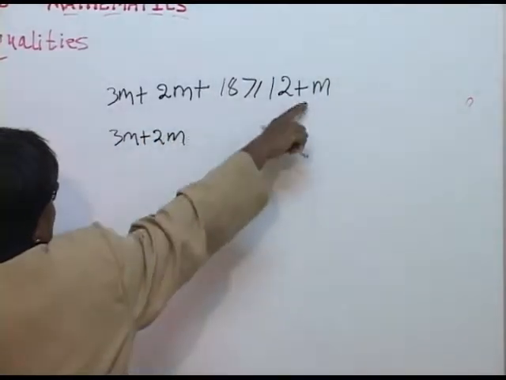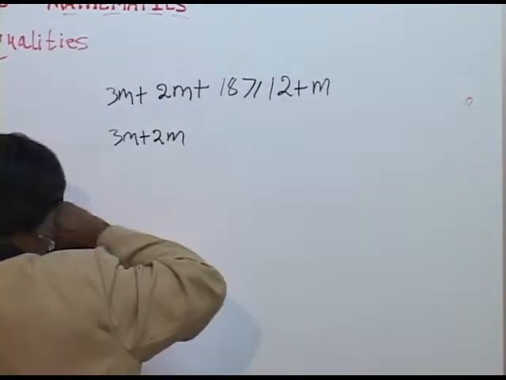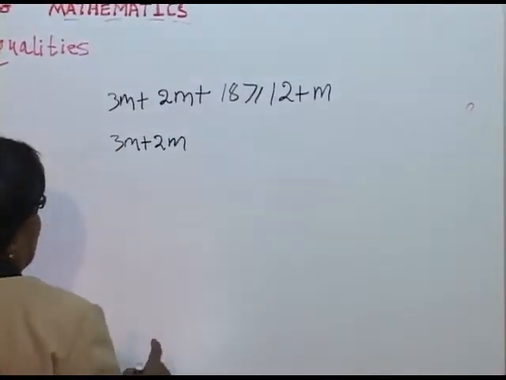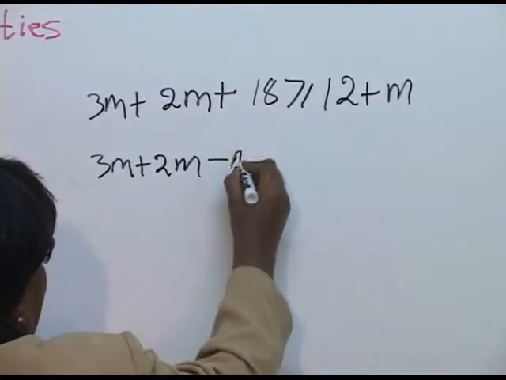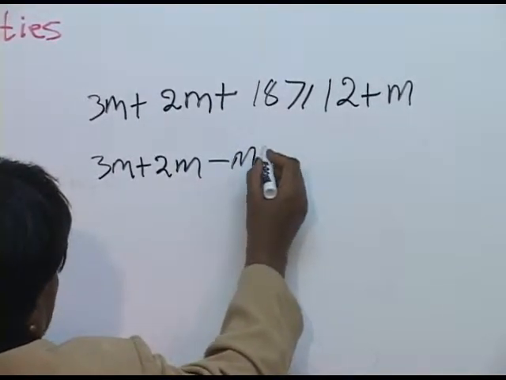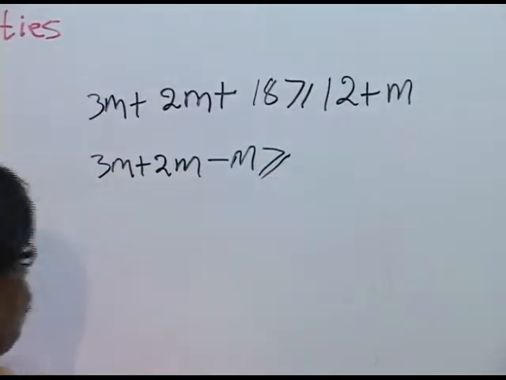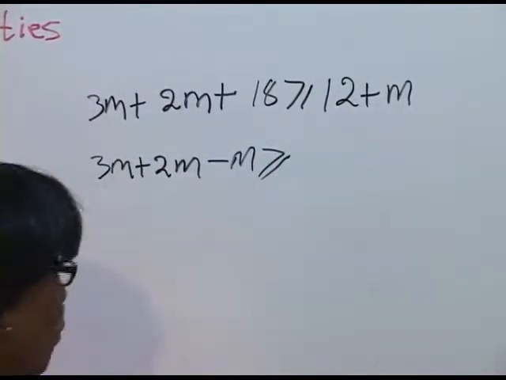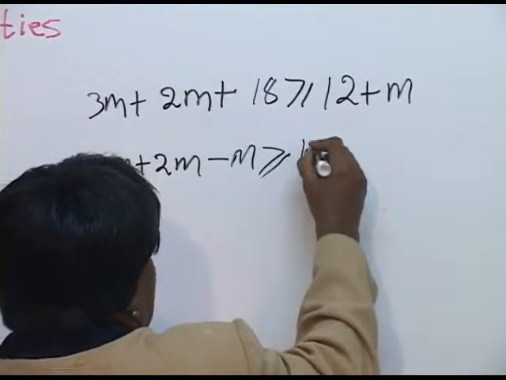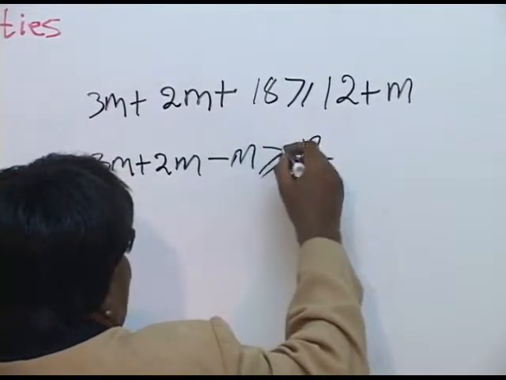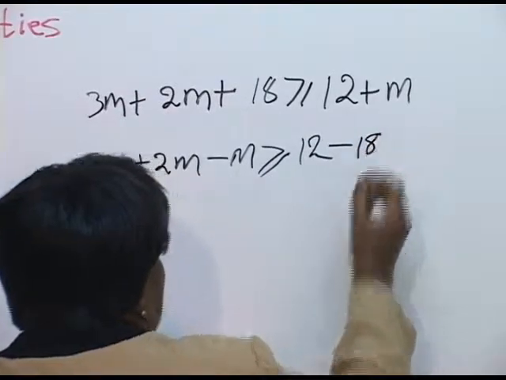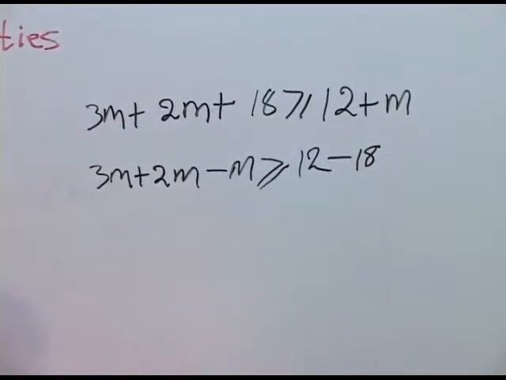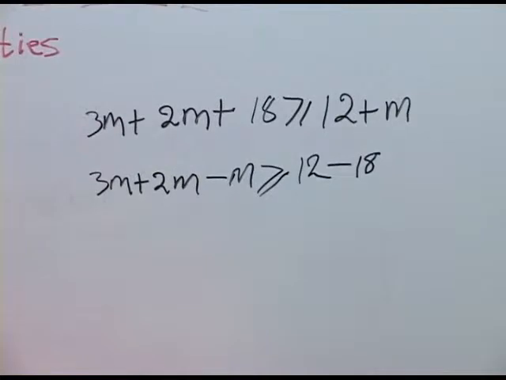This m comes over to this side. It's crossing an inequality sign, so it comes over as a negative m. And then we can write greater than or equal to. The 12 is not moving, so we write it back. The 18 is crossing the inequality sign, so it comes over as negative 18 because it was positive on the other side before.